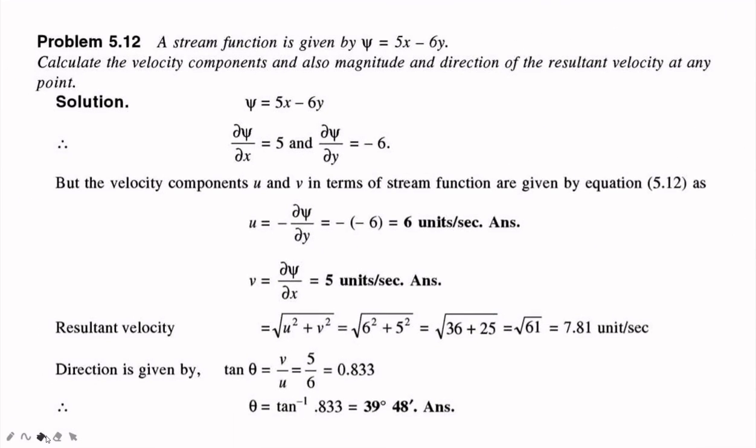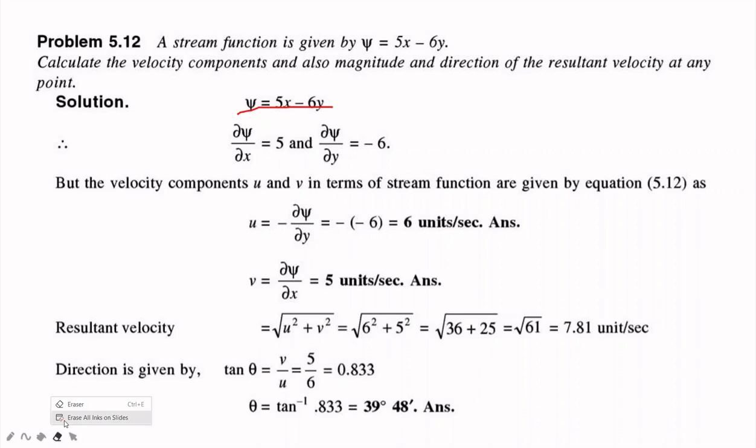Next we will see one of the questions. A stream function is given by psi is equal to 5x minus 6y. Calculate the velocity components and also the magnitude and direction of the resultant velocity at any point. They have given the stream function, so we have to differentiate with respect to x and y.